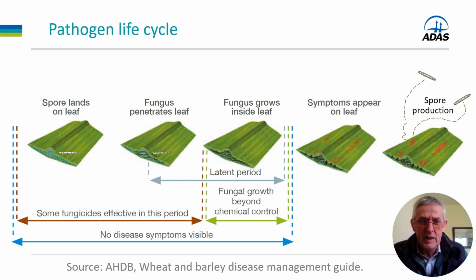This is a set of images taken from the Wheat and Barley Disease Management Guide from the AHDB. On the left-hand side, we can see spores landing on a newly emerged leaf. In the second image, the fungus has penetrated into the leaf and is starting to grow internally.